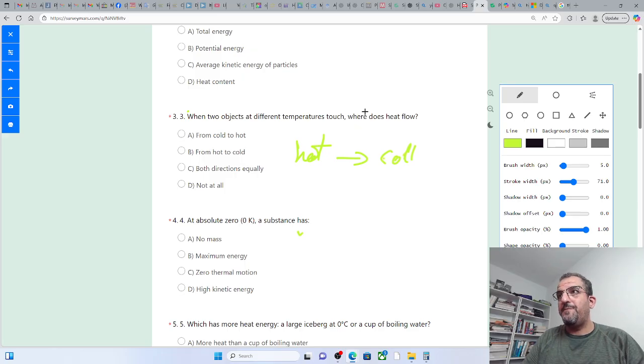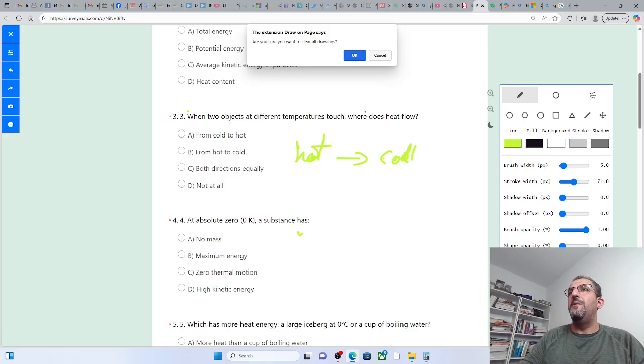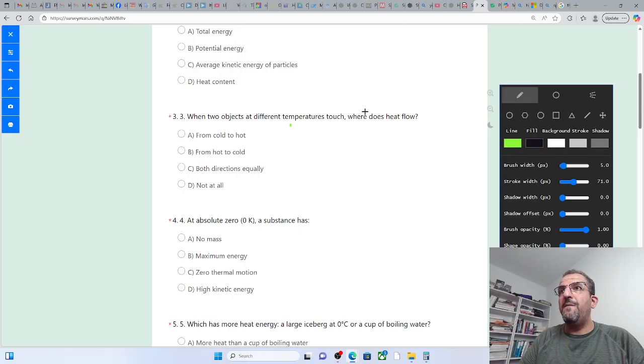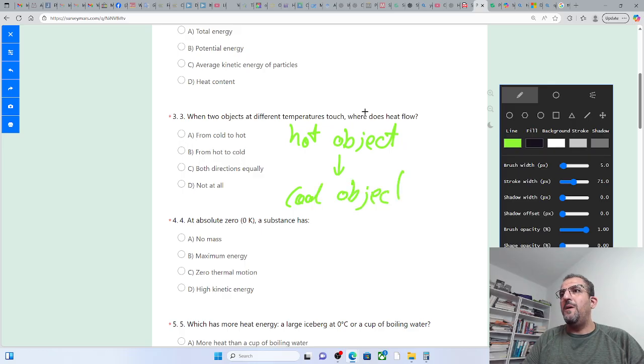Okay. So just moving from hot object to cool object, or the cold object. Okay.